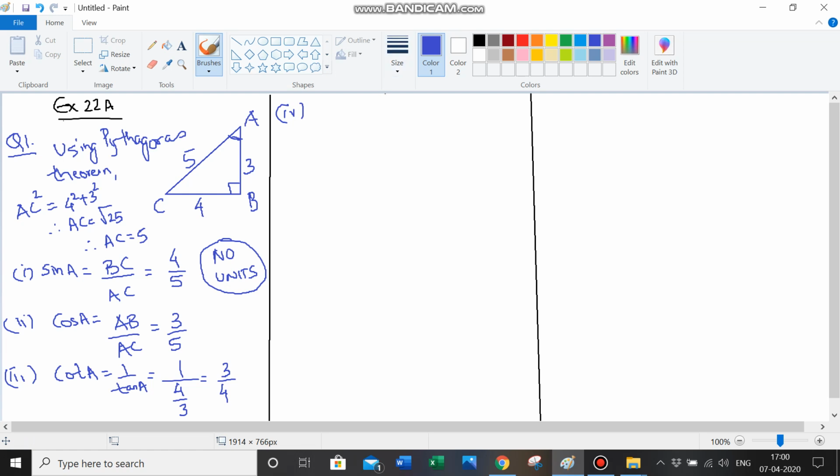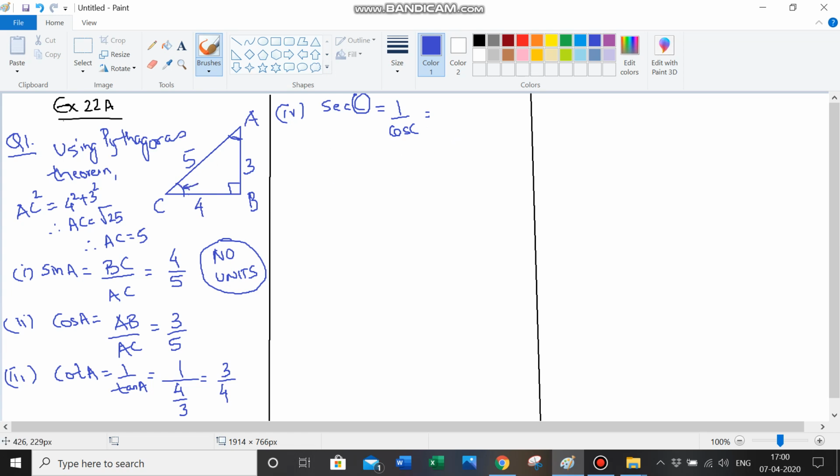Let's move on to part 4. Part 4 is sec C. I know sec is the reciprocal of cos. But now the reference angle has changed to C. Please notice, we are looking at this as my reference angle.